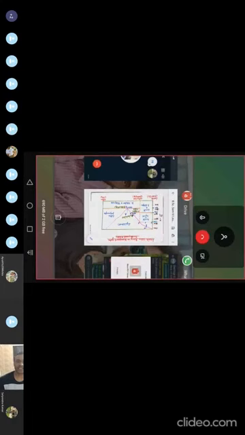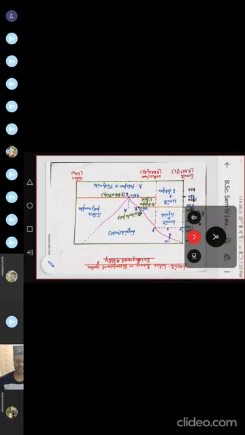Now at point P, applying the condensed phase rule, P plus F is equal to C plus 1, then F is equal to 1. That means it is also a univariant point. So in the whole system, there is only one point E, which is invariant.